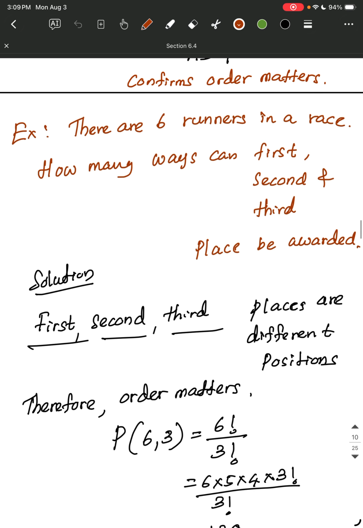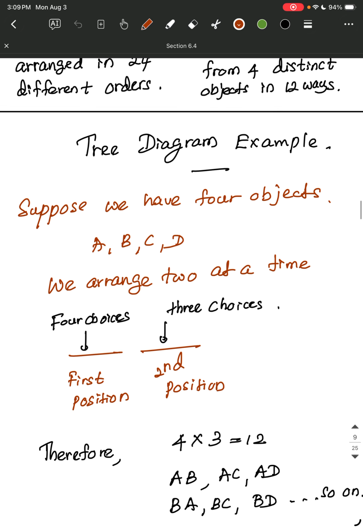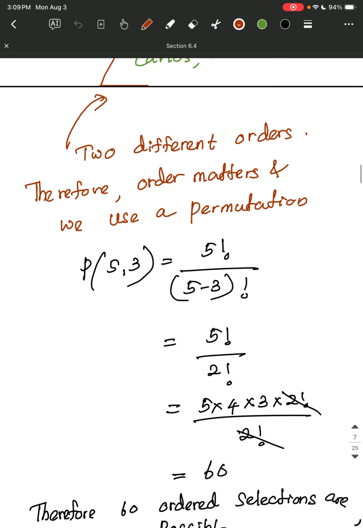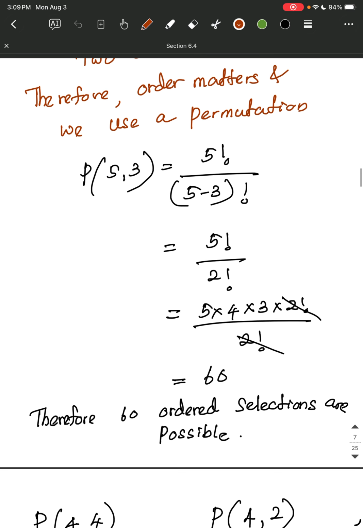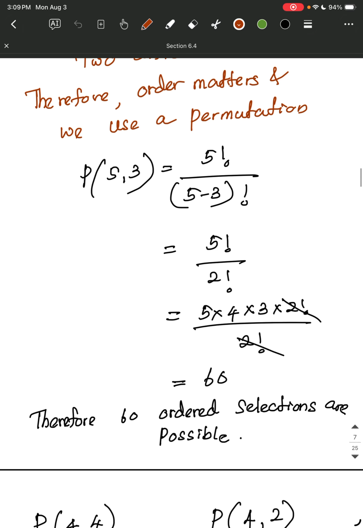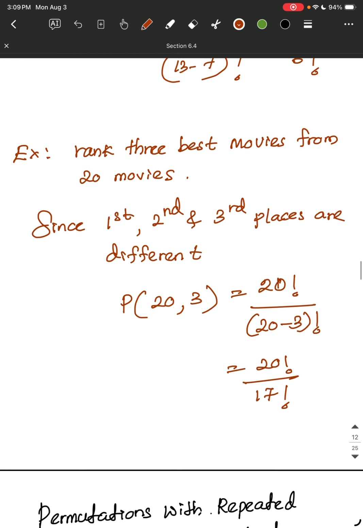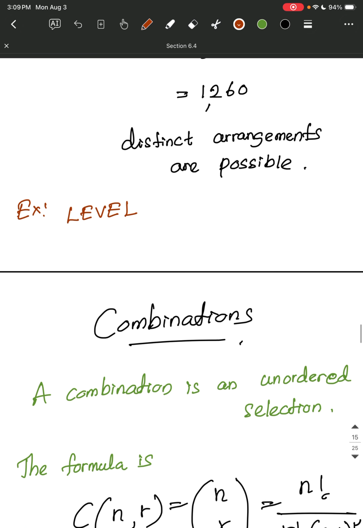When order matters, there were 60 possible selections. When order does not matter, only 10 possible selections.